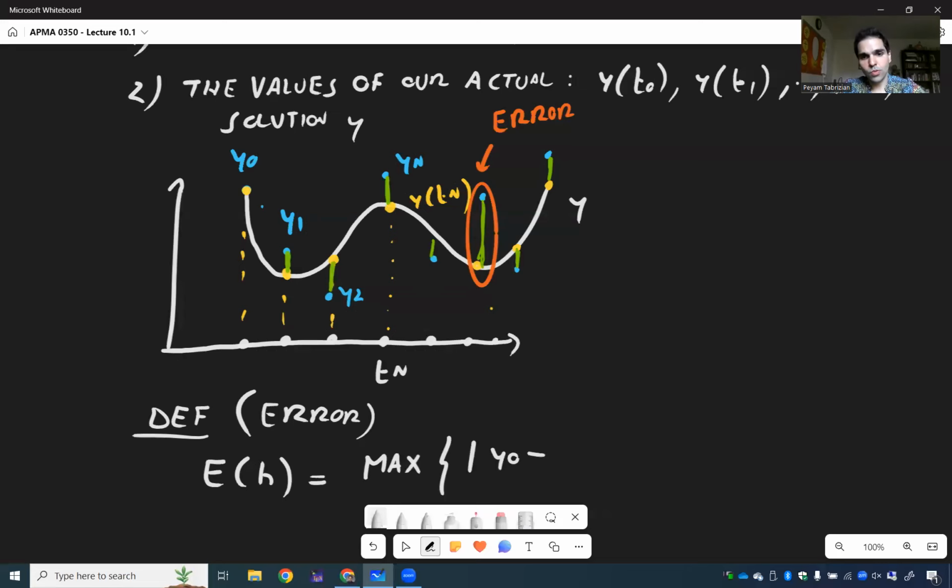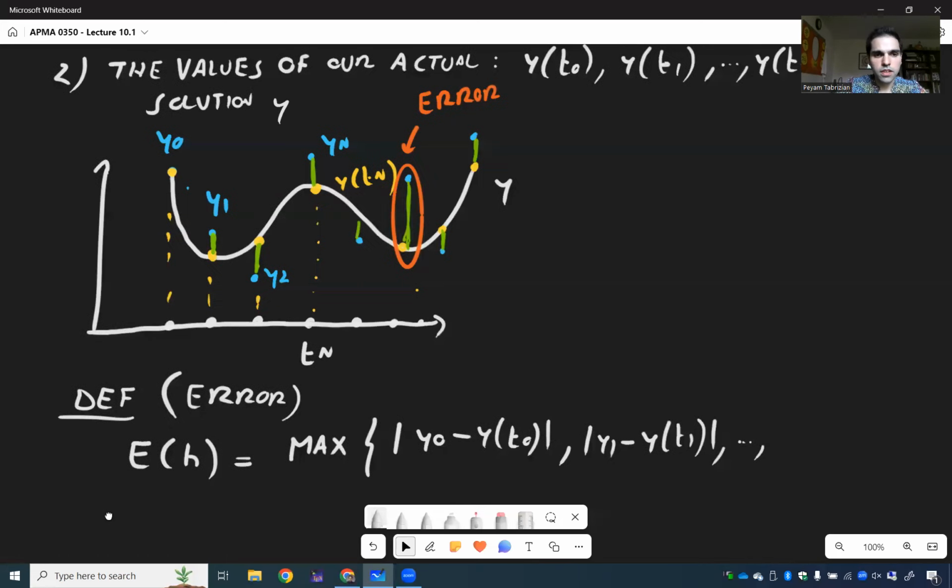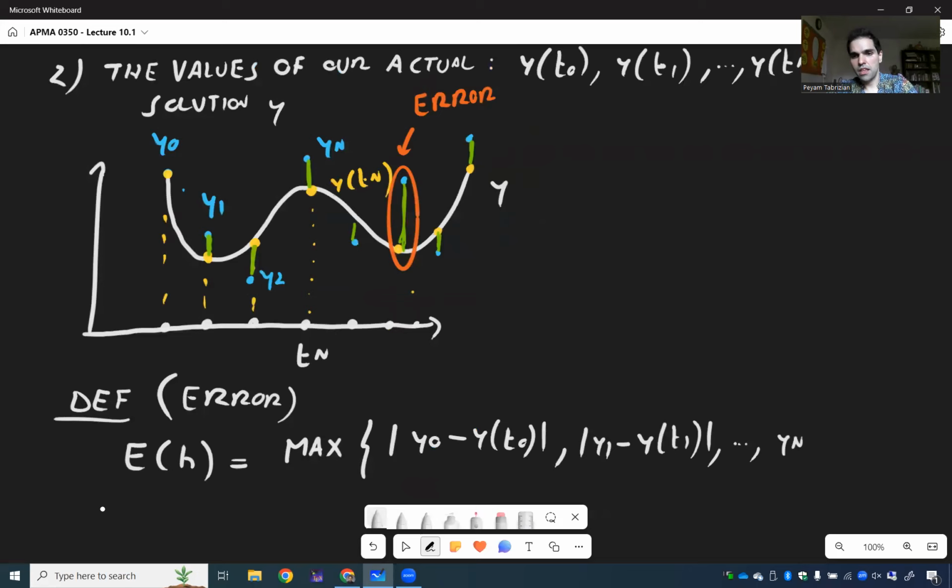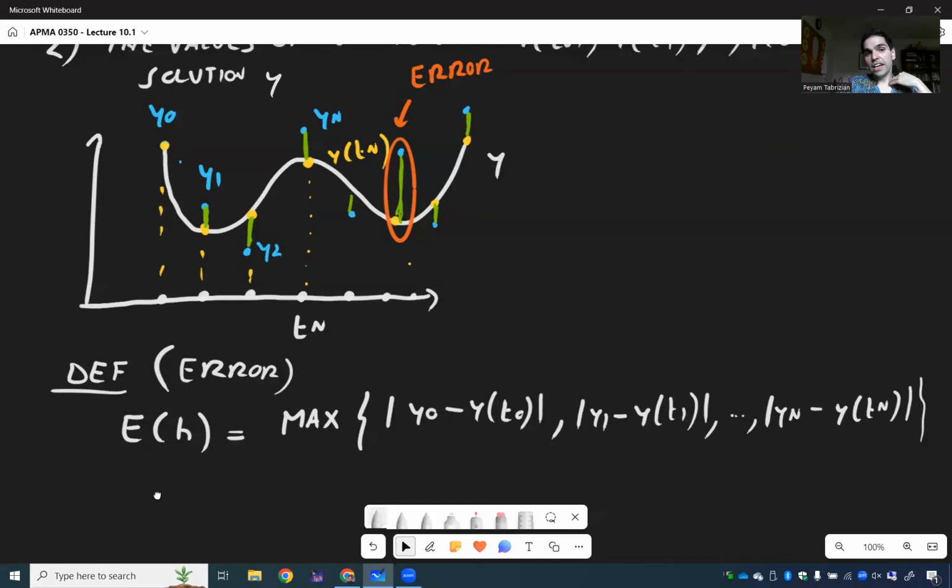So the maximum of |y0 minus y of t0|, which technically is 0, |y1 minus y of t1|, up to |yN minus y of tN|. In that picture, it's just the biggest possible distance between our actual solution and the Euler's method points, the length of this green line here.